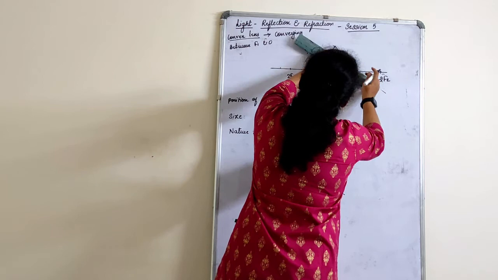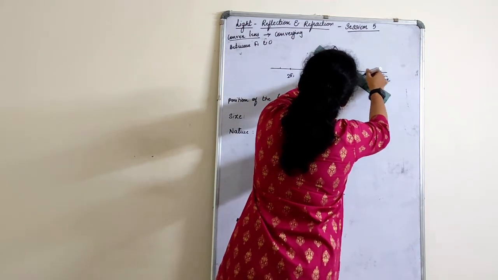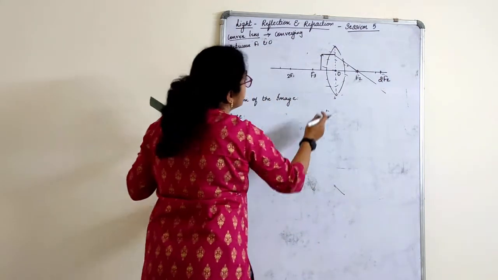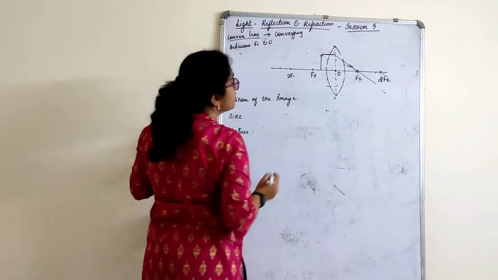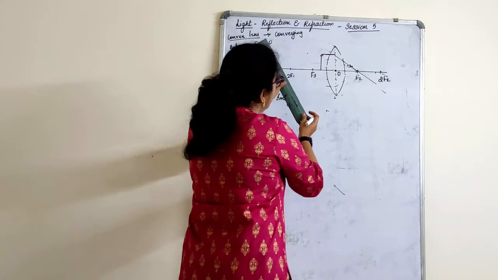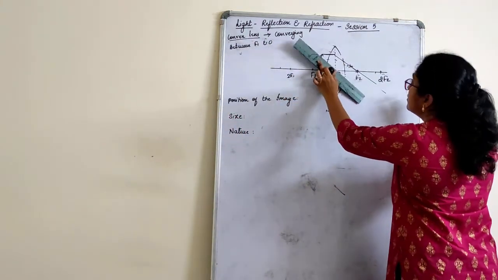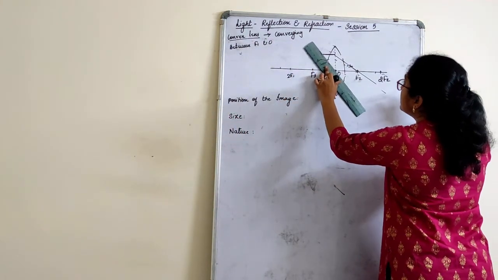The first ray, what we draw here, is this. Okay. Now the second ray, I'll just show it from here, will pass through the optic center.